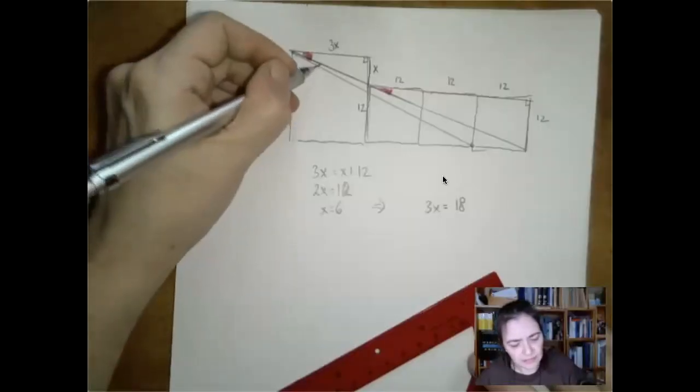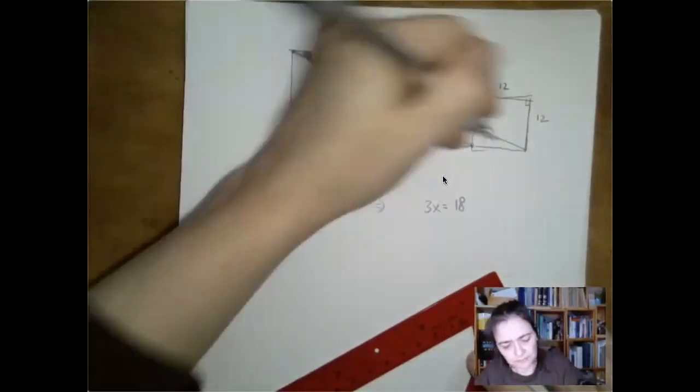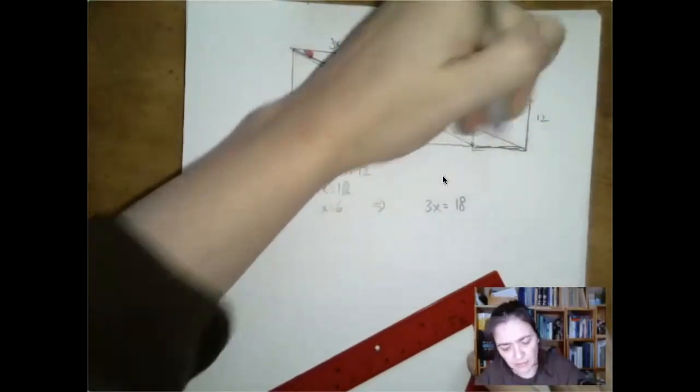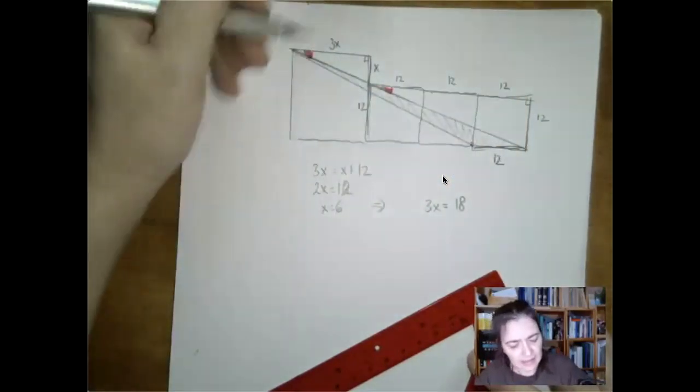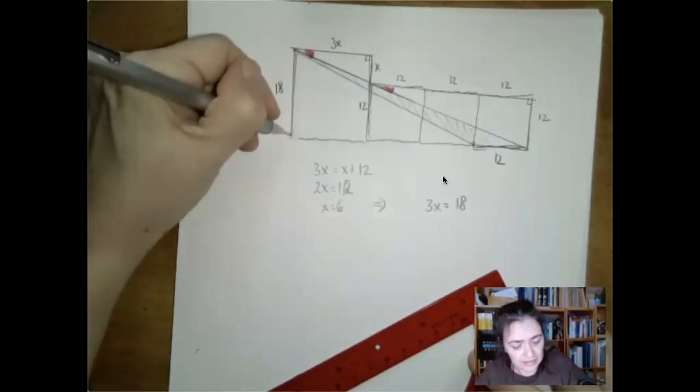This one looks pretty freakish, but if we just think of it in terms of base times height over 2, well, if this is the base, we know that's 12. And this is the height, as weird as it looks, and that's 18.